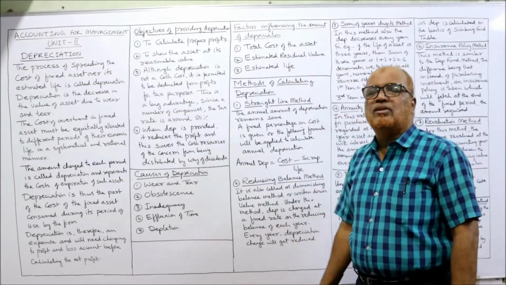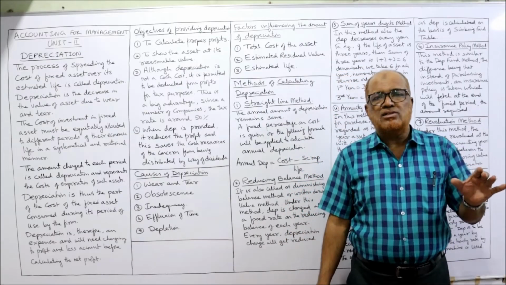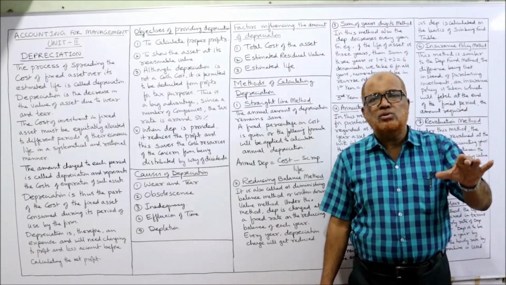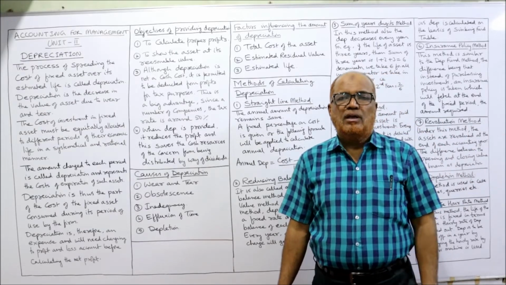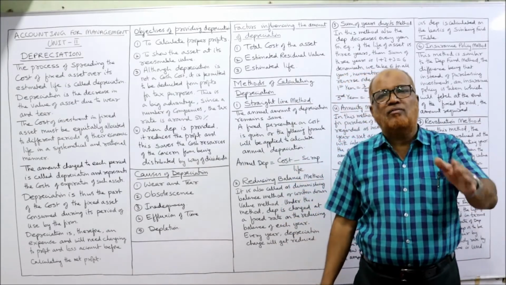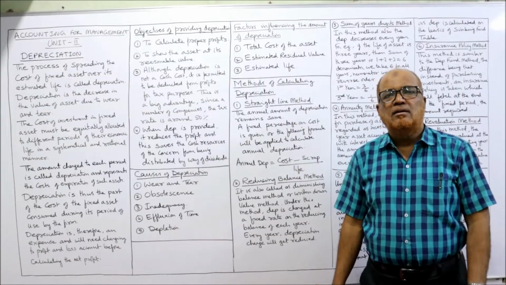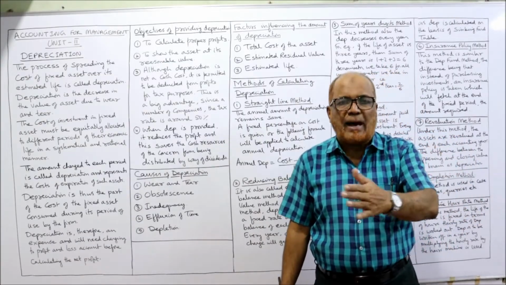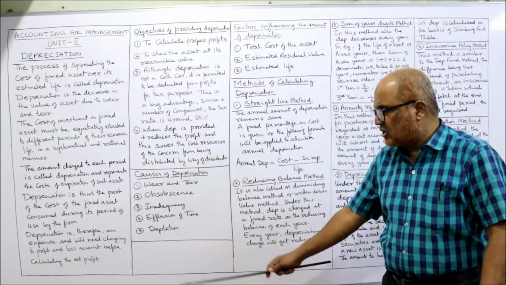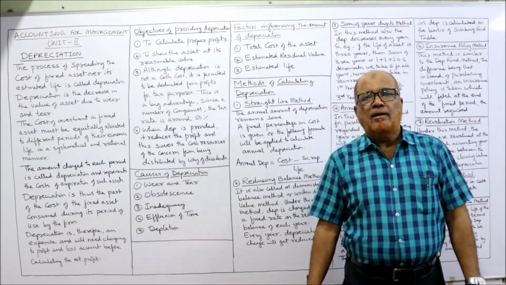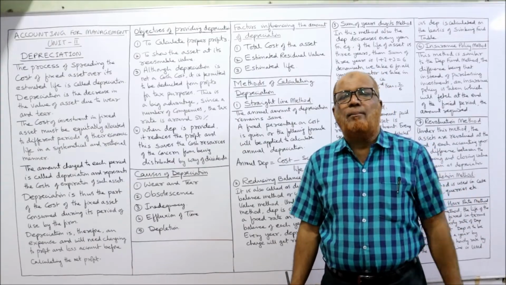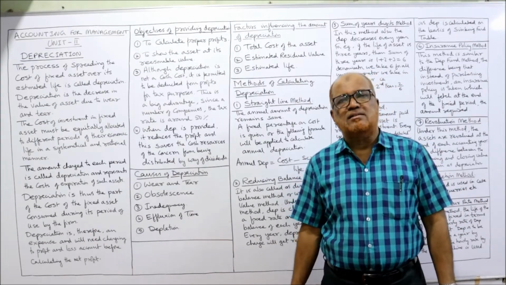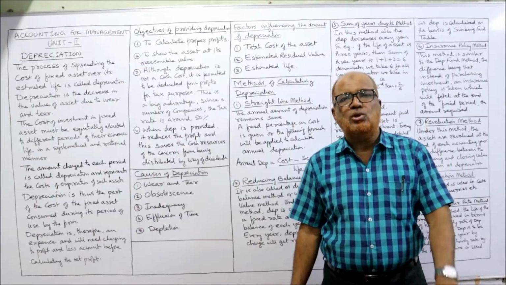Next one is affluxion of time. There are some assets whose value will get reduced by the passing of time, even if they are not used. Even if it is not used, by the passing of time, its value will get decreased. So due to affluxion of time, passage of time, we have to provide depreciation. Lastly, depletion. Depletion means exhaustion. Normally, depletion is applied in the case of wasting assets, the natural resources.